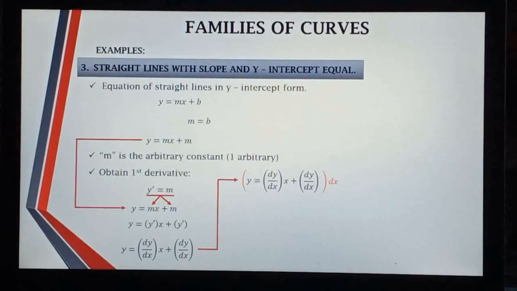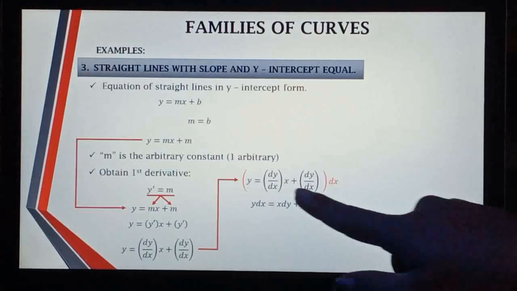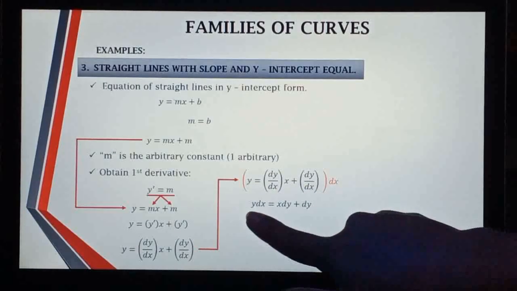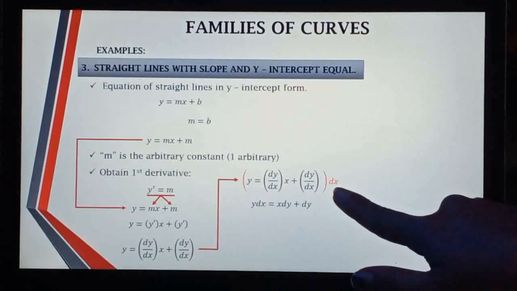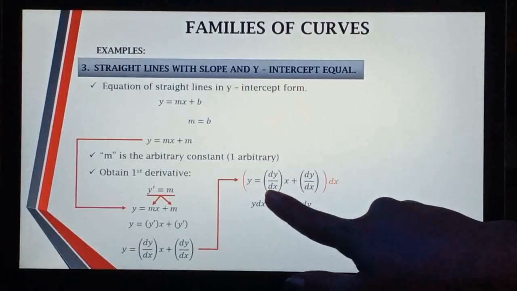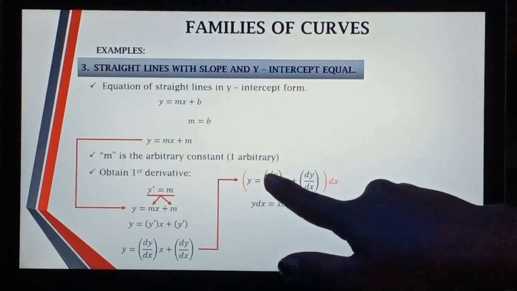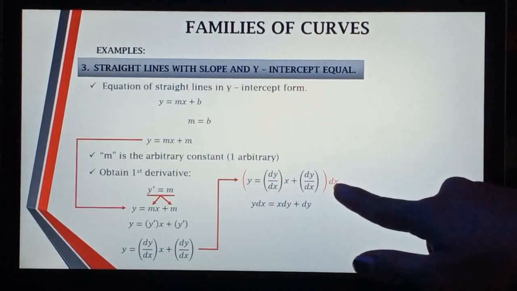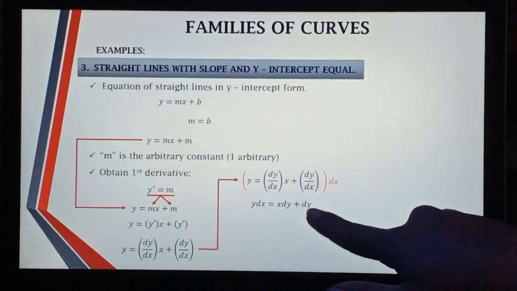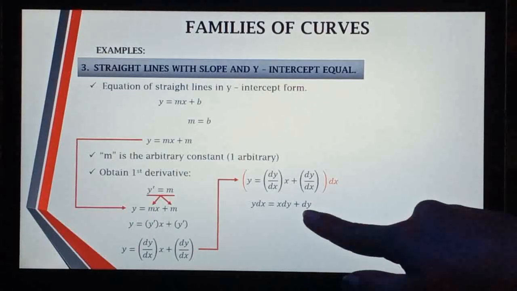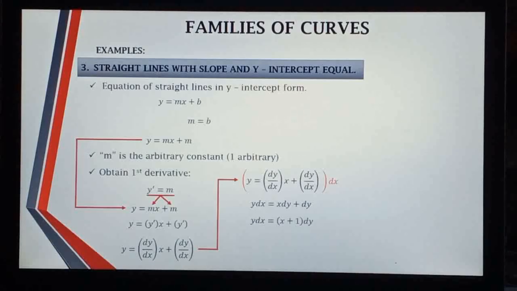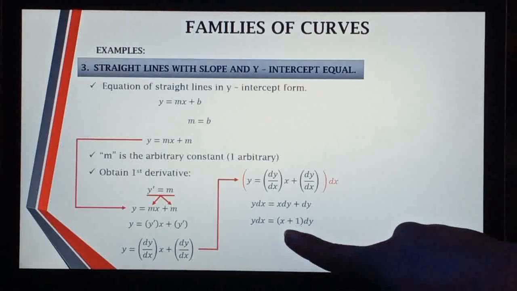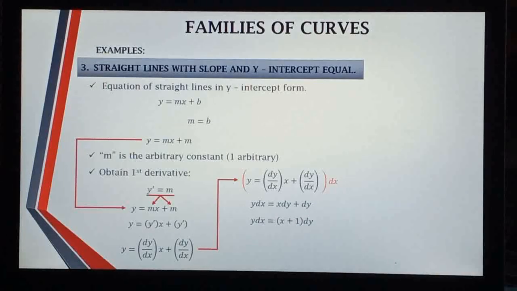We will now have y dx. Then this term multiplied to dx, makakancel si dx. Ang matitira is x dy. Then this term multiplied to dx, ang matitira na lang is dy. Now you will notice in this side, common si dy. So ilalabas natin. You will now have an equation of y dx equals the quantity of x plus 1 dy.